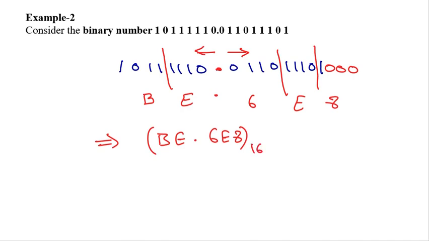This is how we convert a binary number into hexadecimal. The procedure is very simple. Partition the binary number starting from the decimal point towards the left-hand side and right-hand side into 4 bits each, and write down the hexadecimal equivalent of each 4-bit number.